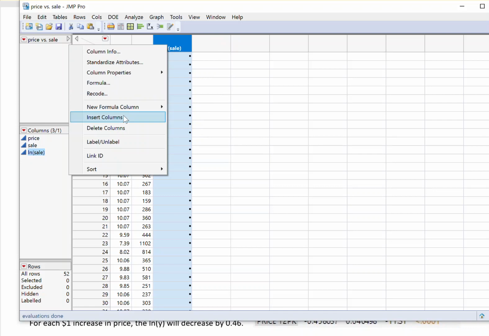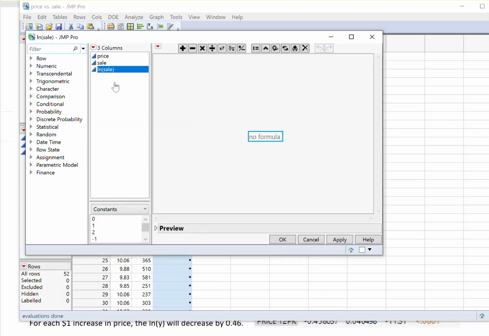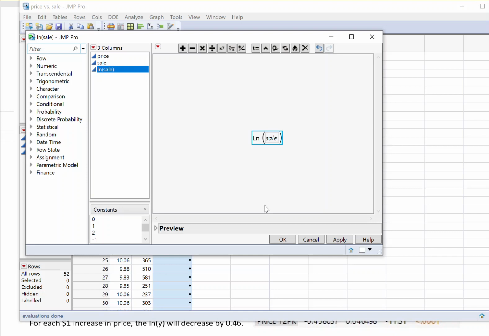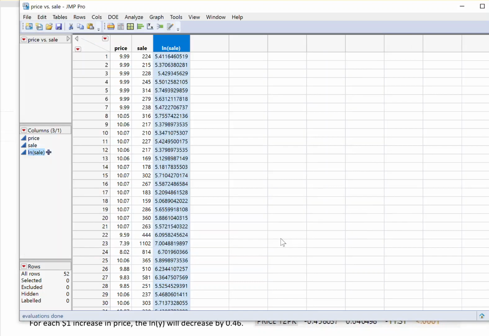And then we want a formula to calculate the natural log of sale. So we create this formula, which is the natural log of the sale. If you enter that, then apply, and click OK, you will have one more column. What is this column? This column is the natural log of the sale for each observation.